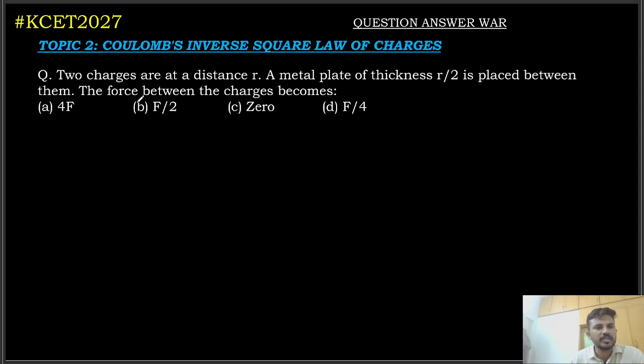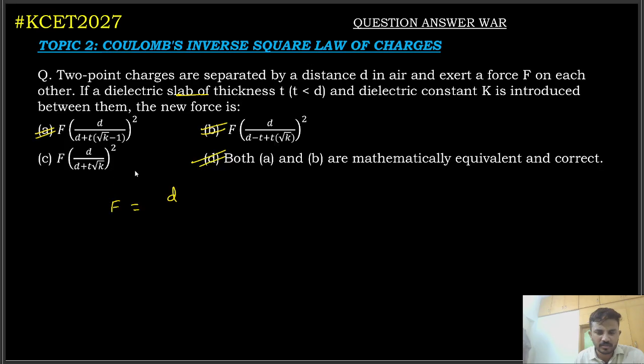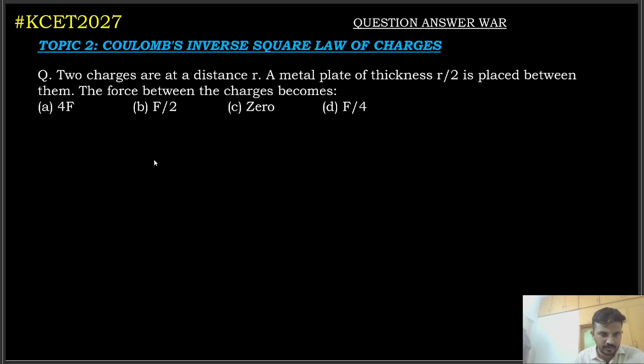Yeah, so here it is given, two charges are at the distance R, metal plate of thickness R by 2 is placed between them. So here if you consider, there are two charges. It is not taking straight line, so I will write like this. This is the slab. Two charges are given here.